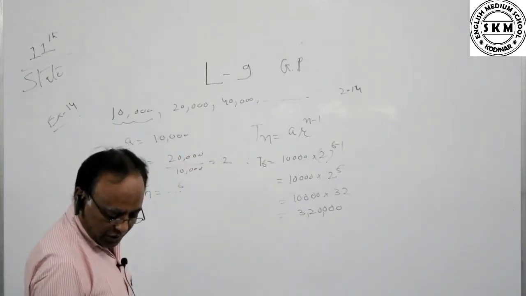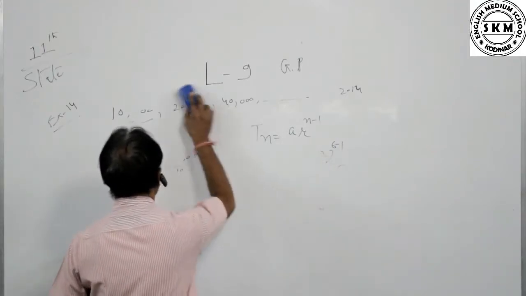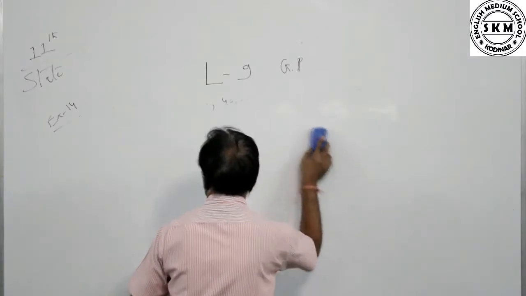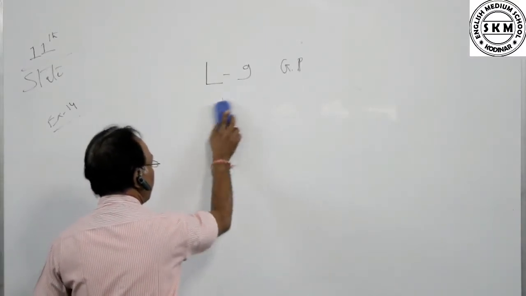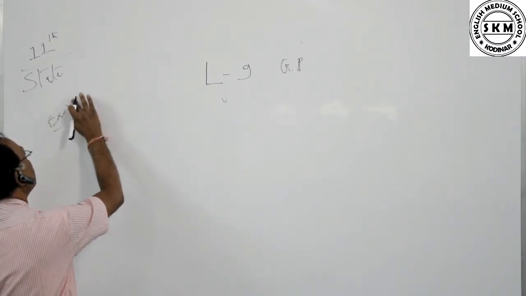Now your illustrated example number 15. 50,000 water tank.